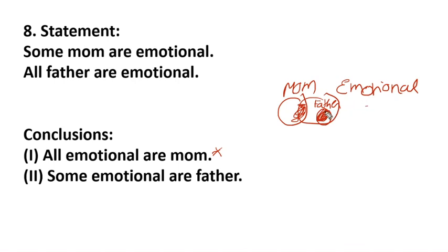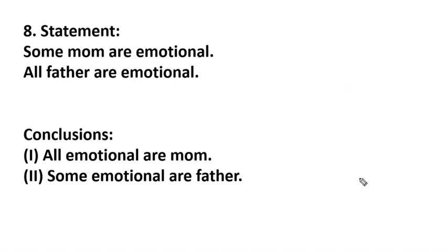Some father are emotional or some emotional are father, both are same, doesn't matter. So this one will be true. So our answer is only 2 follows with respect to this particular question, right? Chalo, let's go for the next question.